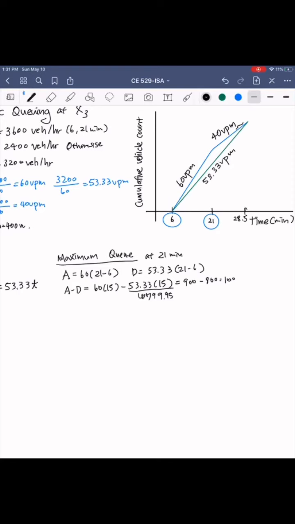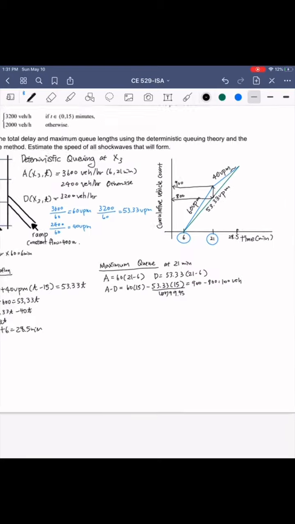So it'll be 100 vehicles, which means that this will be 900, you write it down, and this will be 800. And the maximum queue length is 100 vehicles.